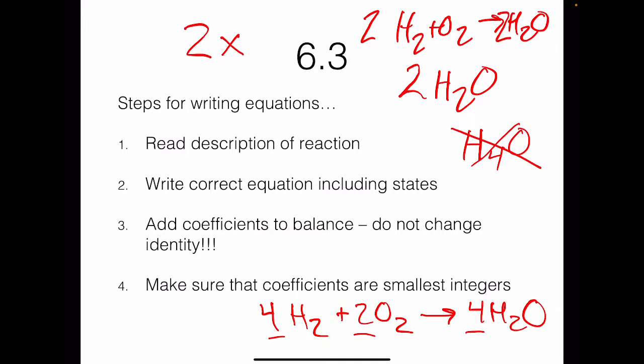And that would be the same thing as writing 2H2 plus 1O2 yields 2H2O. You do not have to include a coefficient if it's a 1. Just like writing formulas, as long as I write the formula there in the first place, the coefficient of 1 is implied.